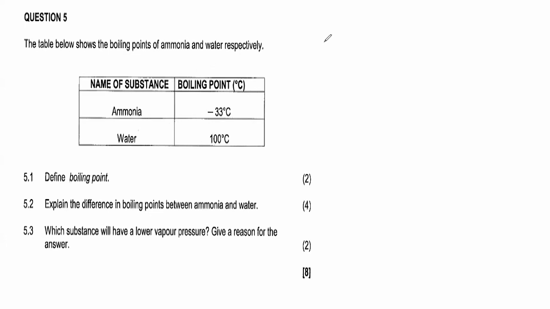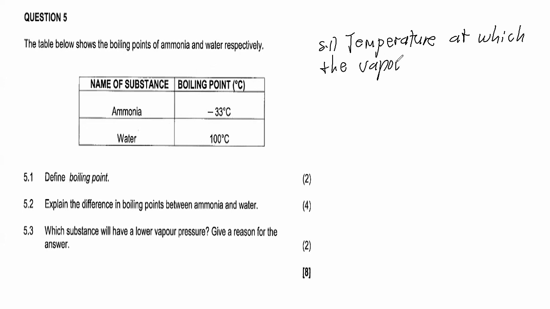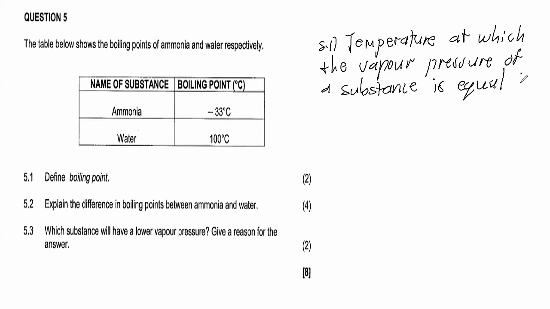So we say boiling point is the temperature at which the vapor pressure of a substance is equal to the atmospheric pressure.